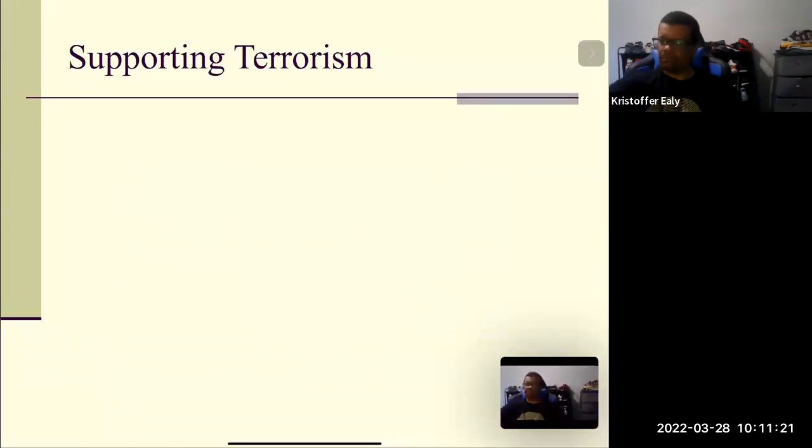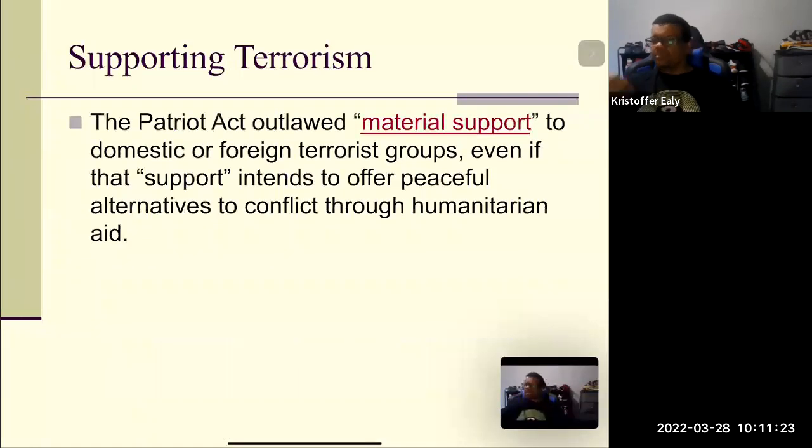Supporting terrorism. The Patriot Act outlawed material support to domestic and foreign terrorist groups, even if that support intends to offer a peaceful resolution, peaceful alternatives to conflict through humanitarian aid.